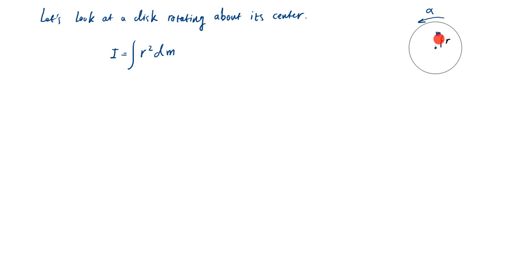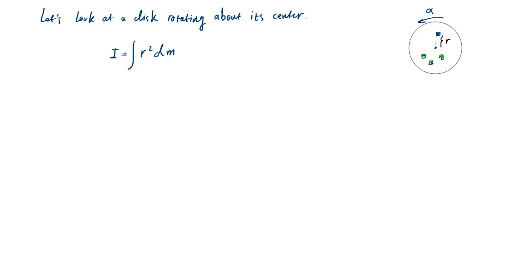Imagine that this disk is made up of so many of these small elements, right? There's another one, another one here, another one there. You have enough elements to cover this disk. So you're taking this integral over the mass of this disk. This gives you the moment of inertia. This is the general equation for a moment of inertia.